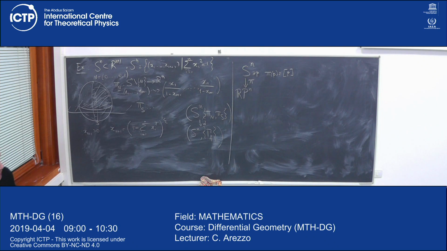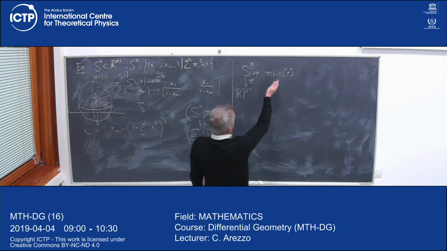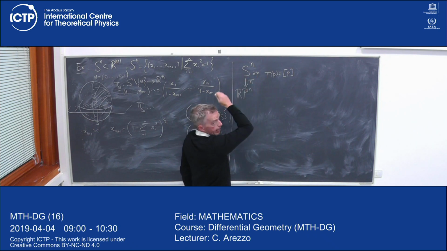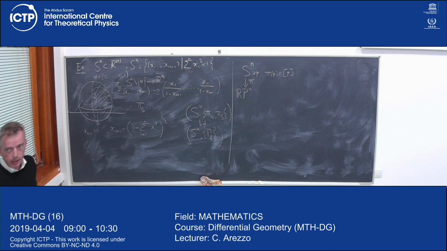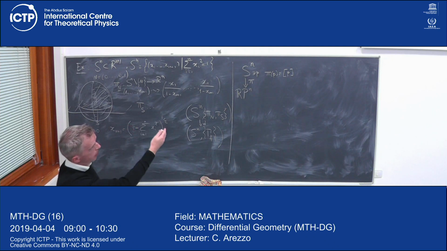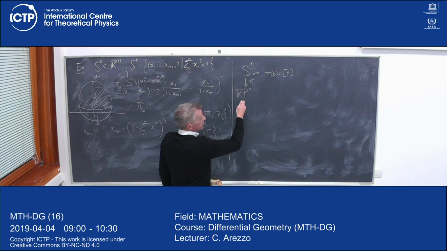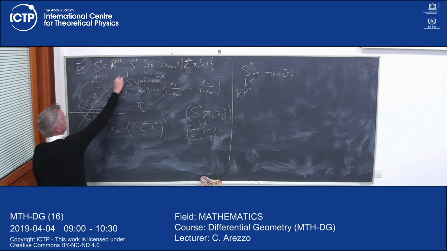From Sn, I know exactly how many elements are equivalent, I can count them. Before, in R^(n+1), it's a whole line. Here, how many points are equivalent? Equivalent now means they are mapped onto the same point. And now there are just 2, because if this was the line, there are only 2.